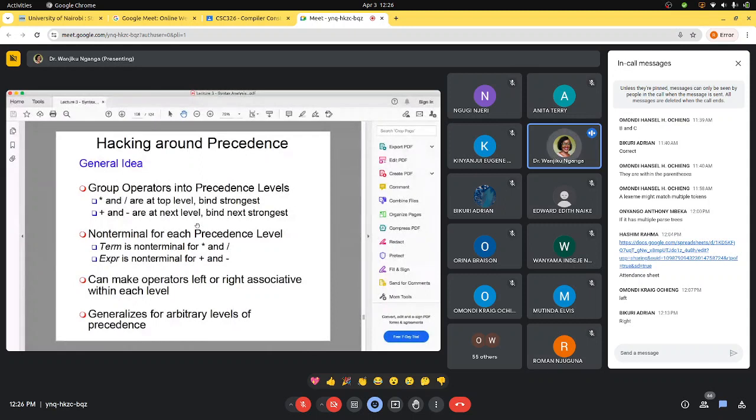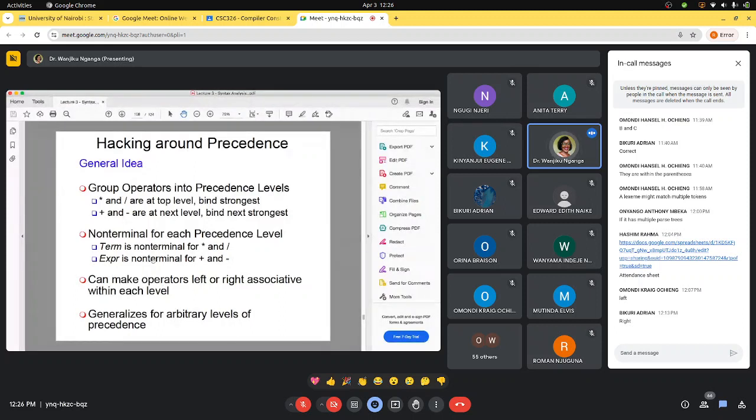Once you've done that, you create a non-terminal for each precedence level. So in this example we'll create a term for the first precedence level for times and division. Then we'll create a new non-terminal for the level that binds plus and minus.